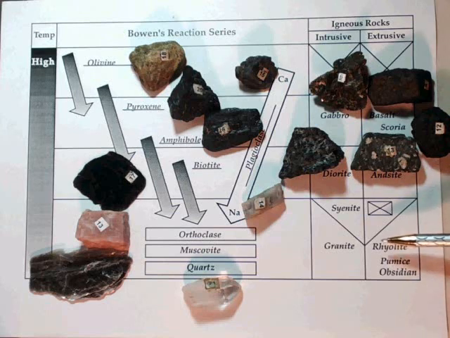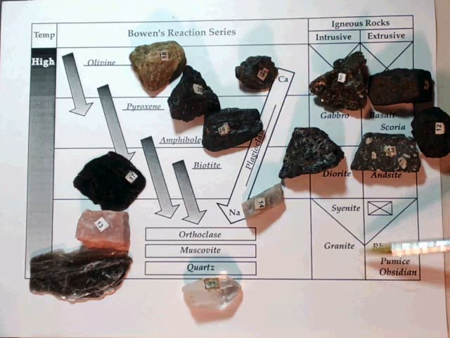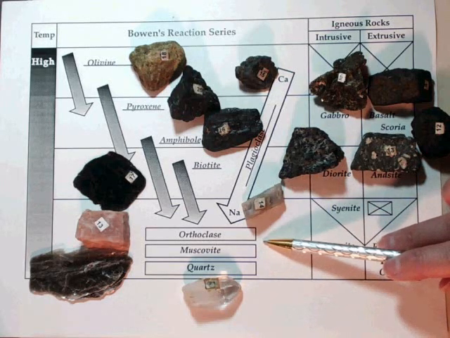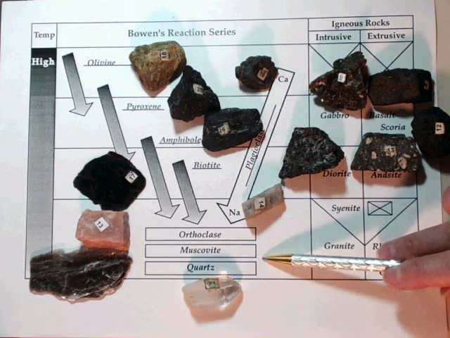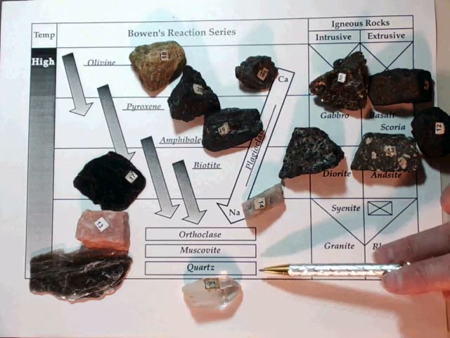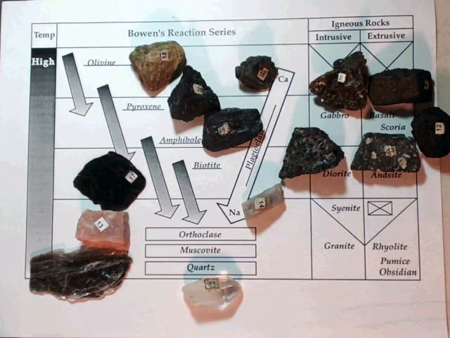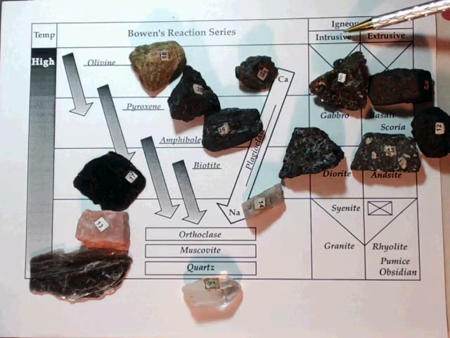Now down here, this is interesting, we have our granite, which would have more of the orthoclase, muscovite mica, and quartz in it. So if you have this mineralogy, the orthoclase, the muscovite mica, the quartz, and sometimes you can even have smoky quartz, we call that the intrusive one that cools very slowly.